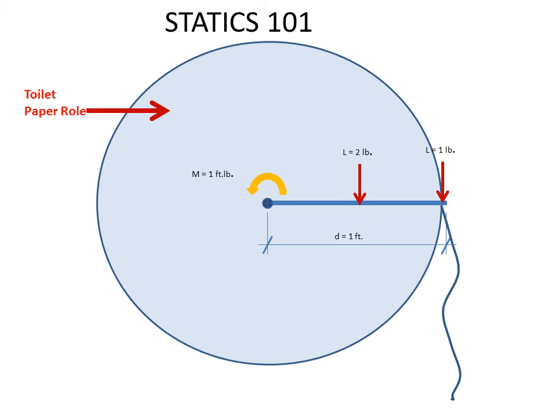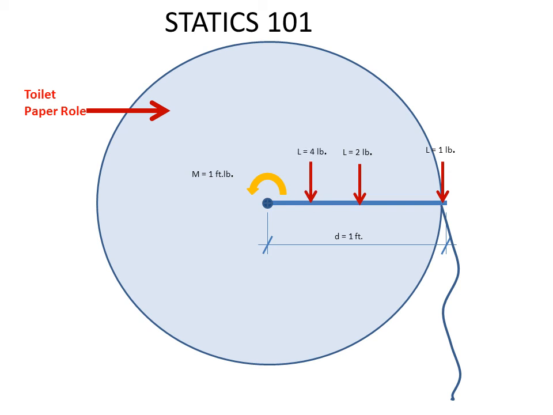Let's look at a roll which is now diminished to 6 inches or 1/2 foot. We now have to apply 2 pounds or more to keep it moving to obtain paper. Thus, the shear stresses on this paper are now 2 pounds.